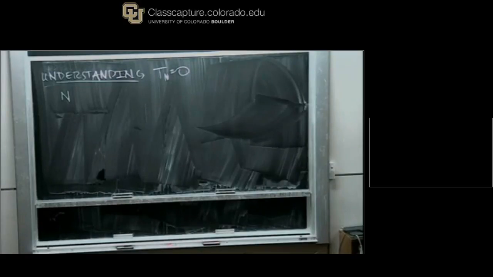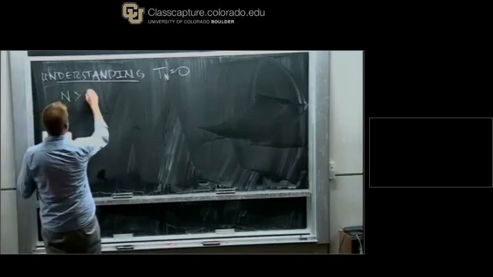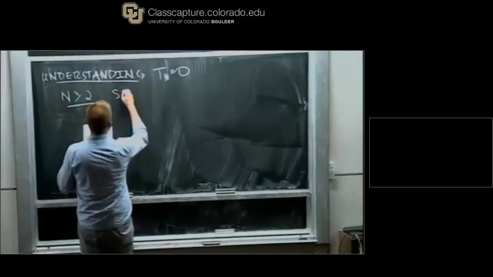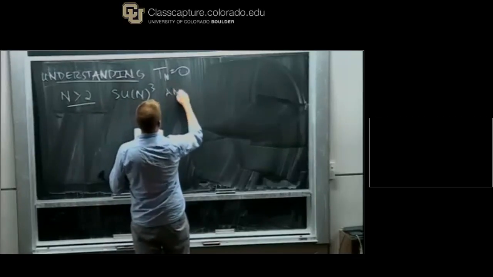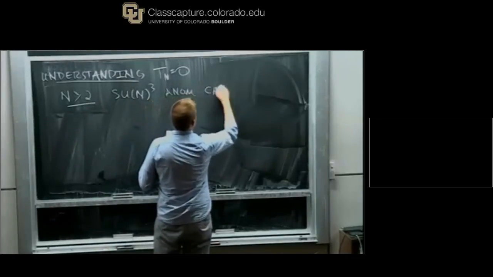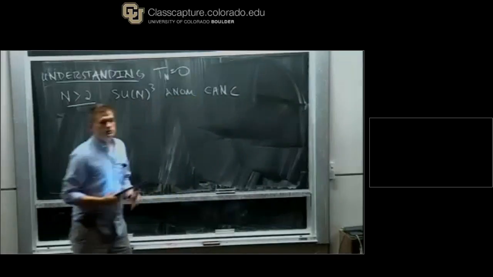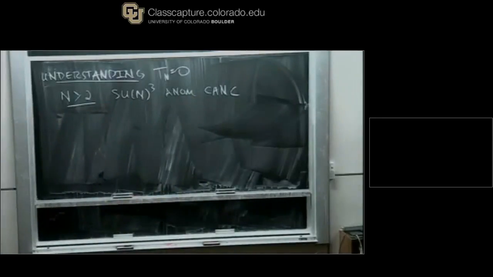The number of fundamentals minus the number of anti-fundamentals is 0. We know what that is. For n greater than 2, this is precisely cubic non-abelian anomaly cancellation. So string theory gives you low energy sectors that do not have cubic non-abelian anomalies, as you would hope.